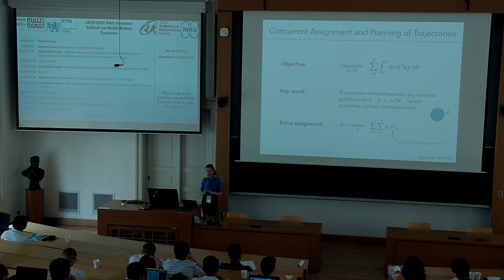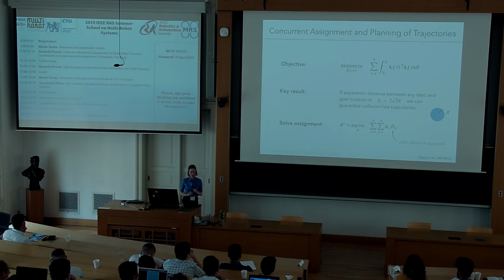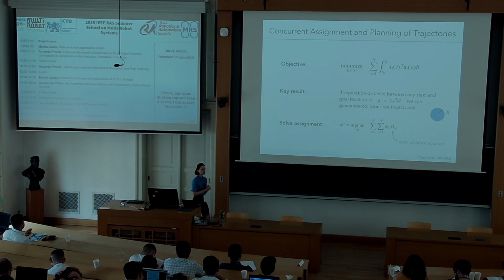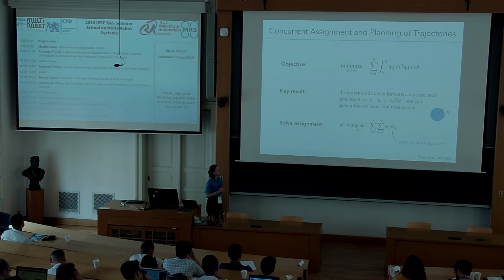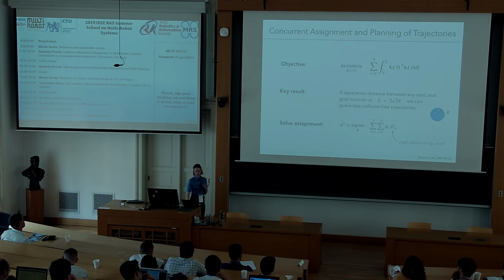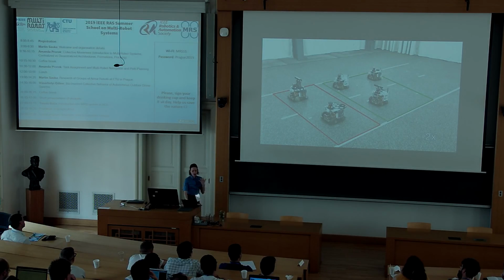So no trajectory path planning problem to be solved here, only an assignment problem, given that I know that the distance that separates any start and goal position is larger than 2 square root of 2. So this is a really elegant result because it solves a potentially very difficult problem in a very elegant way. And then you can use these kinds of concurrent assignment and path planning problems for many different systems.